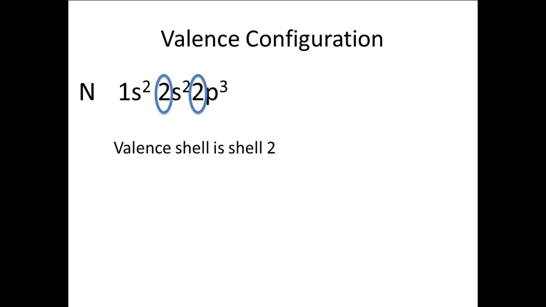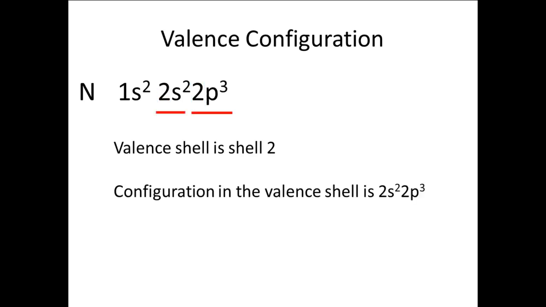Let's go back to the configurations. For nitrogen, the configuration is 1s2, 2s2, 2p3. So the valence shell is shell 2. And the valence configuration is 2s2, 2p3.